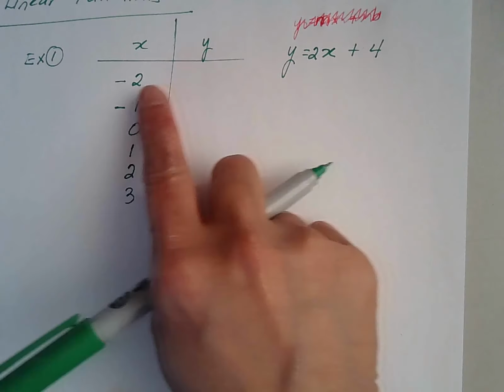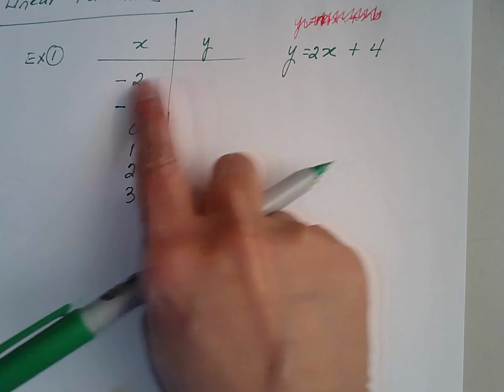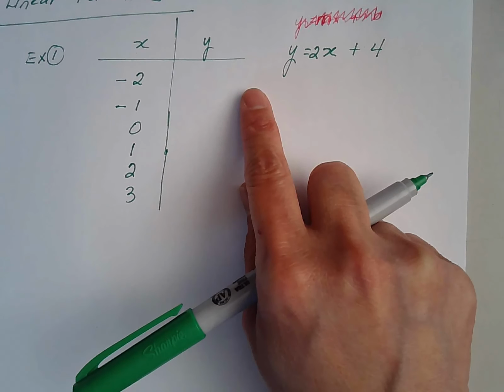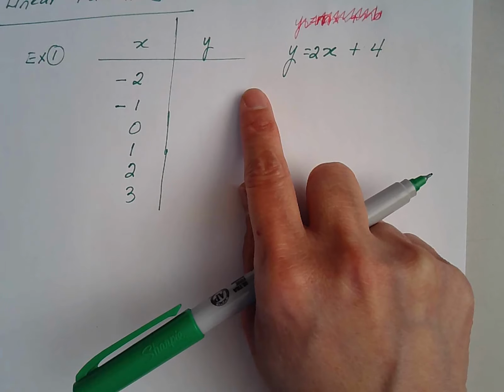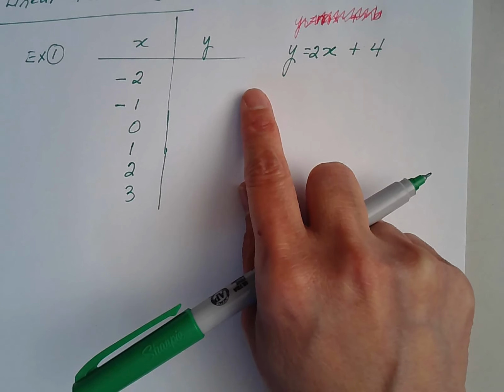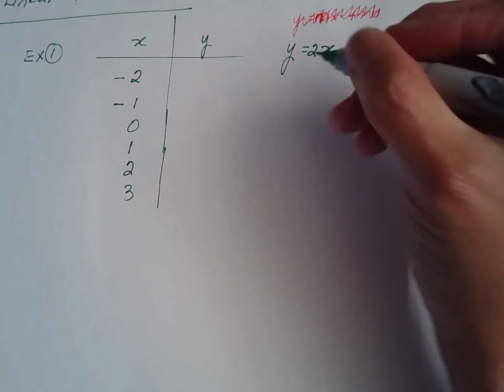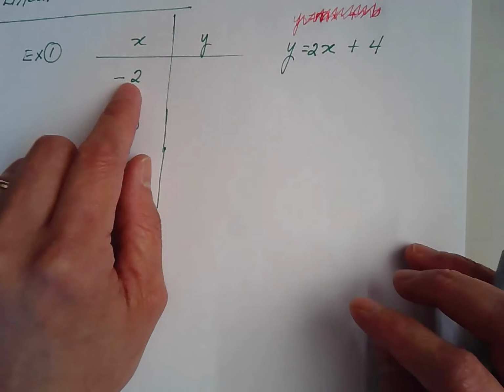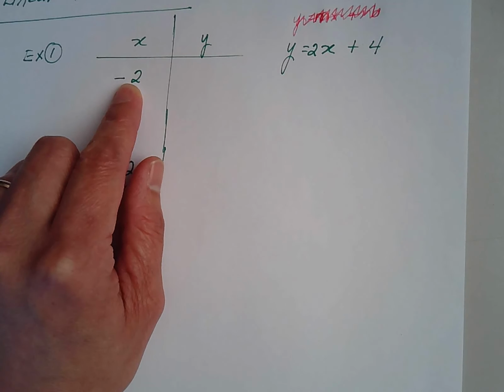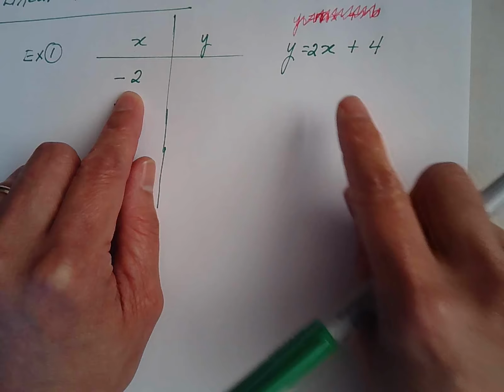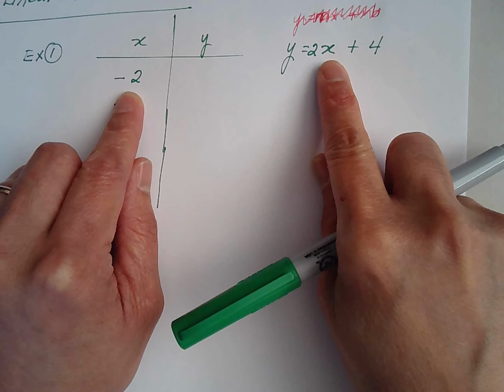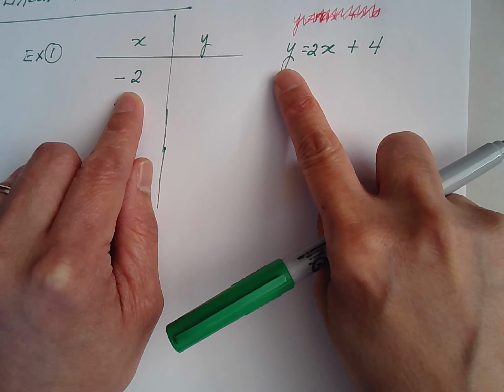So we've already identified the x. Can we figure out the y? Yes, we can. So if x is -2, we're going to put that in there. What is the y value? 0.